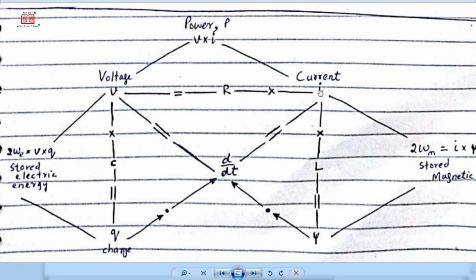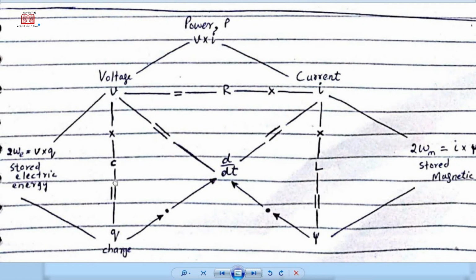Here this is a voltage and this is a current. There is a derivative d over dt with respect to time. On the right-hand side, where my cursor is, you can see stored magnetic field, while on the left side you can see stored electrical energy. These are two different energies. On the right-hand side this is a magnetic energy, while on the left-hand side there is an electrical energy.